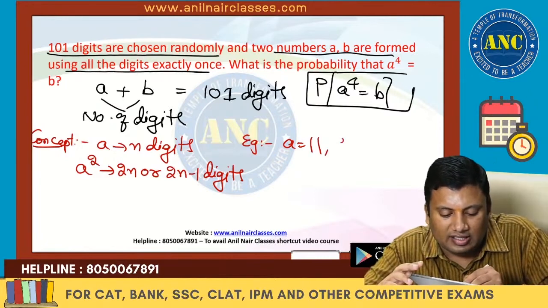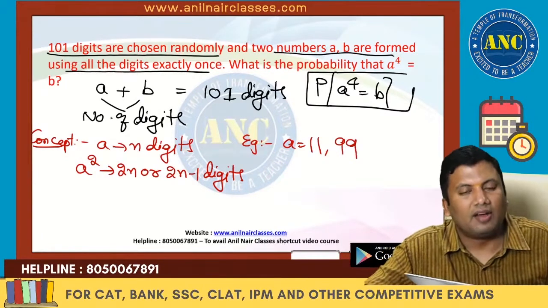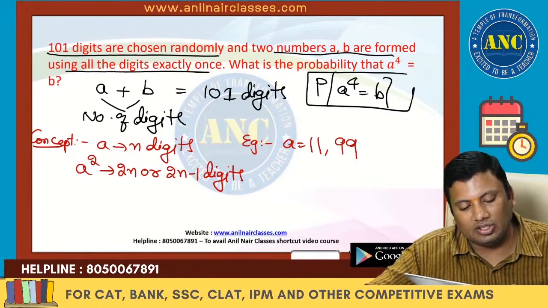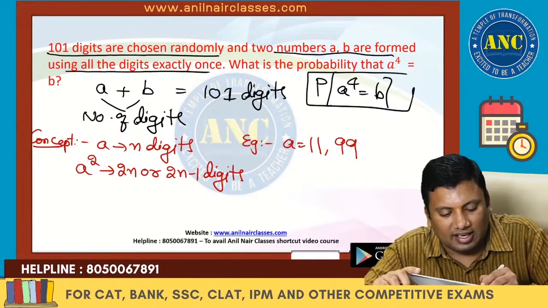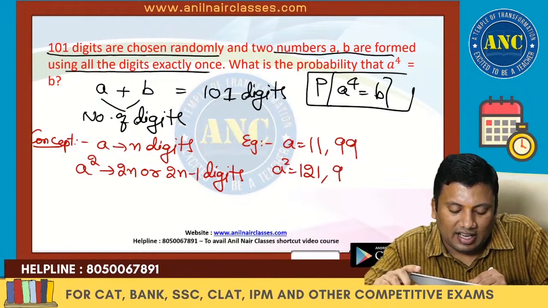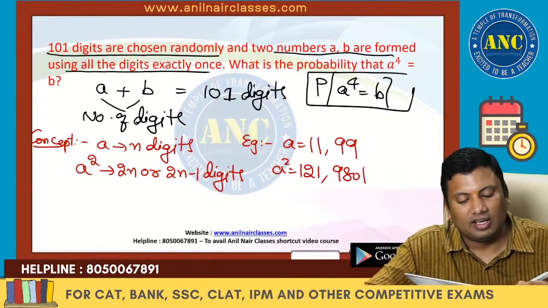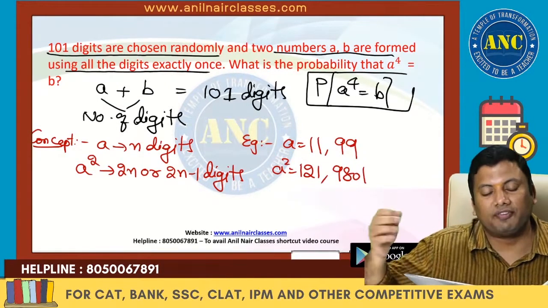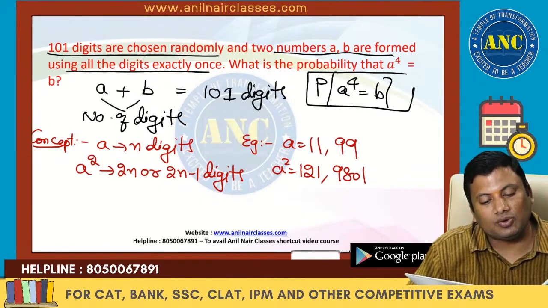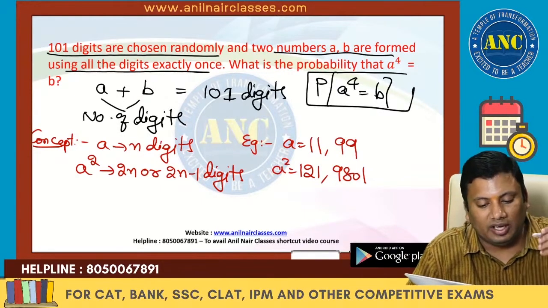If a is 99, 99 square is 9801, so it is 4 digits. If a takes n digits, a square will take 2n or 2n minus 1 digits.